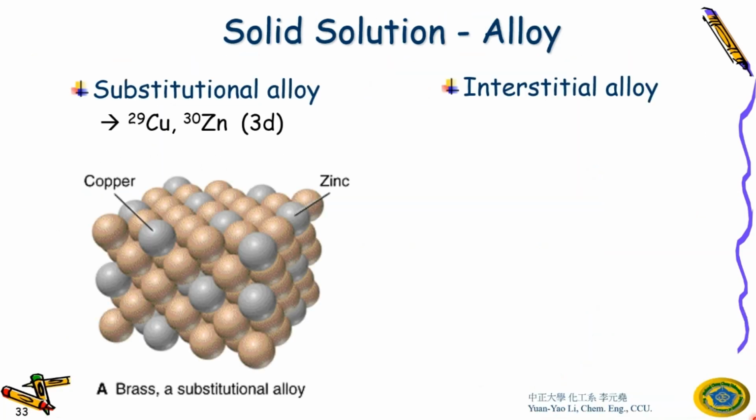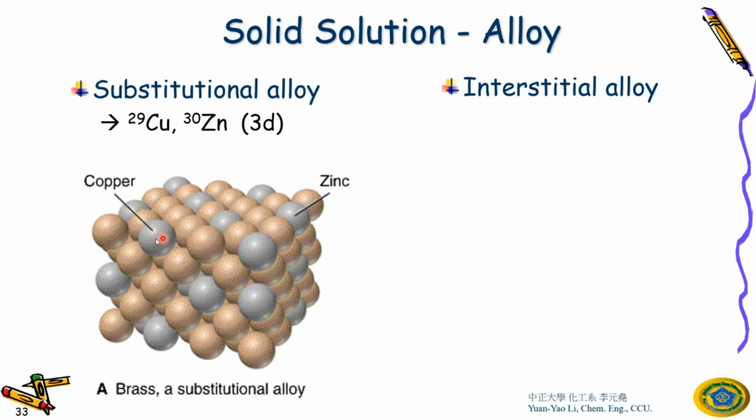Substitutional solid solution, or we call substitutional alloy, means, for example, copper and zinc. Because the size of copper and zinc are almost the same, very close, the copper will act as the size of the zinc.